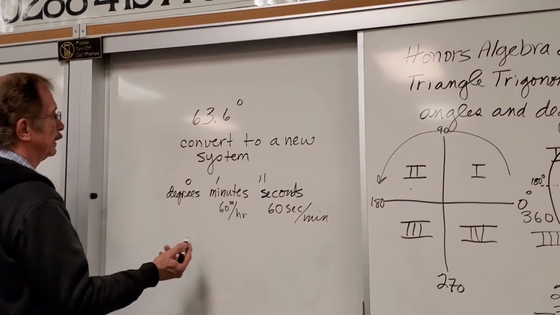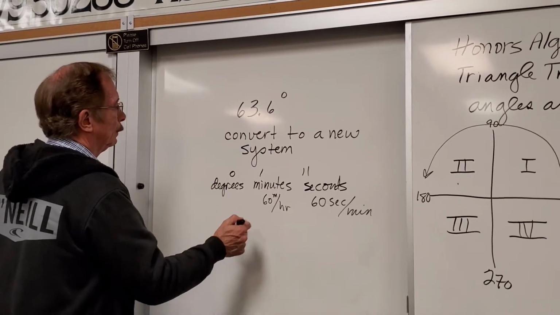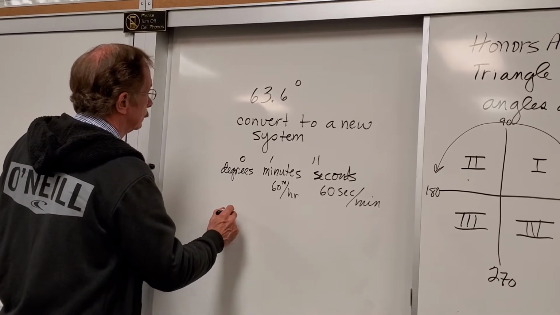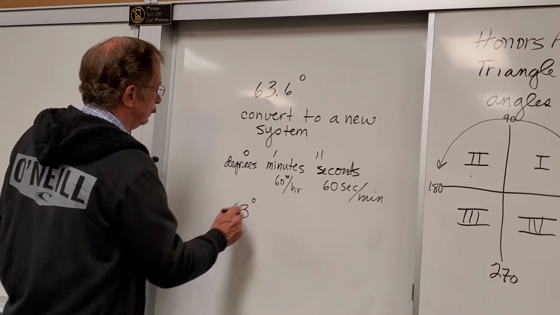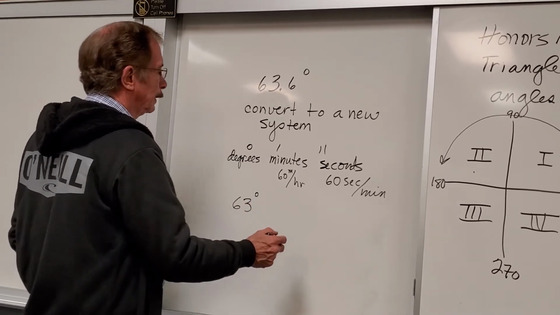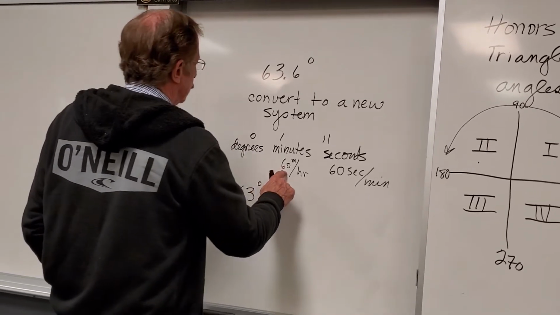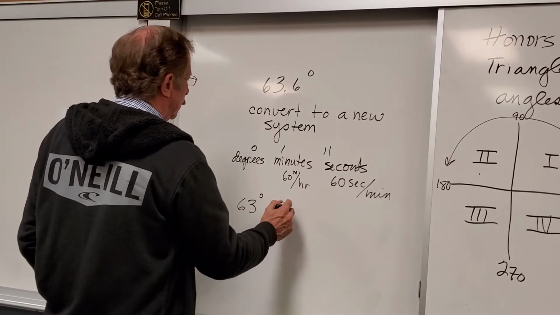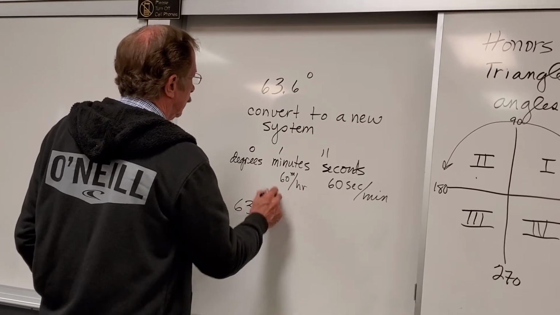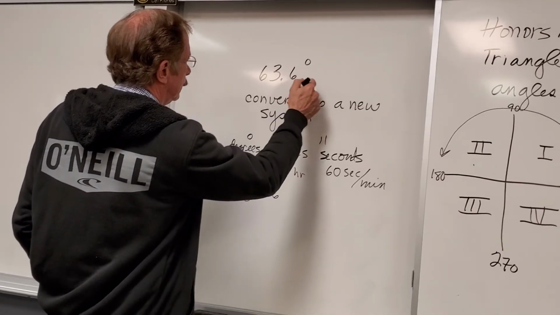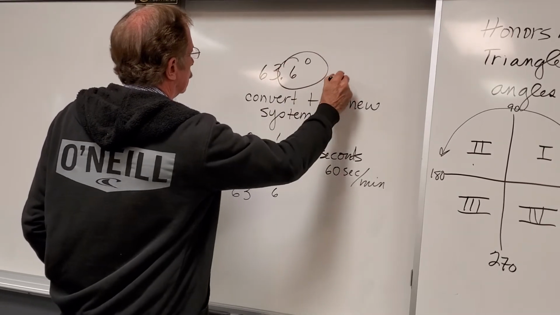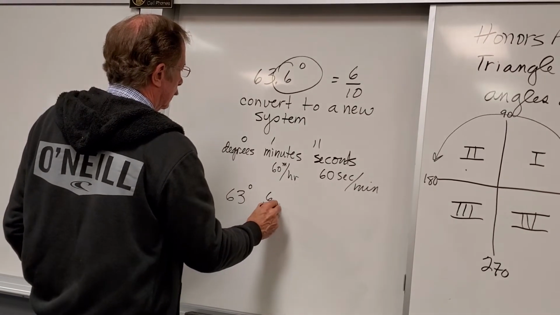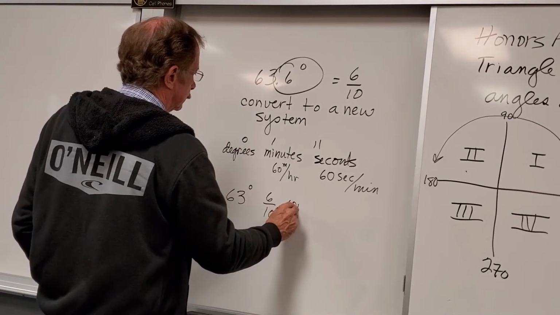So if I have 0.6 here, I want to find out how many minutes that is. So how would I do that? Well, I know the 63 is staying the same. But what does the 0.6 become? Well, I want to divide it into minutes. And there's 60 possible. So I'm going to take this and translate it into 6/10 times the 60 minutes.